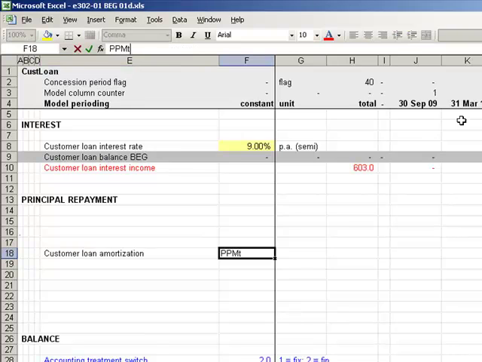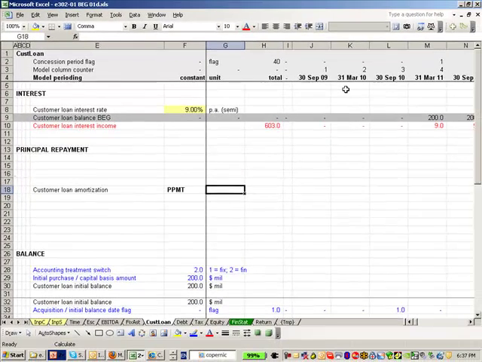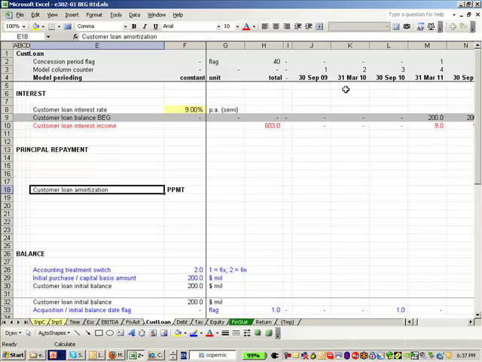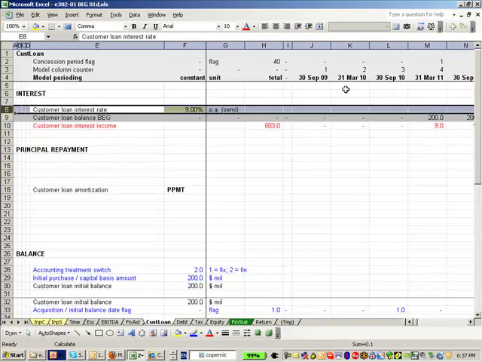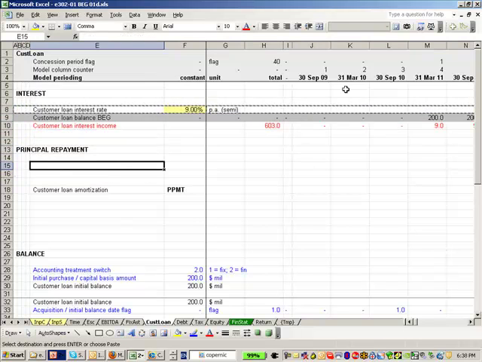And we are going to use the PPMT function. I just want those of you who are new to financial mechanics on this webcast to recognize that we are not normally big fans of these canned financial functions. But in this particular case, I think you can make an argument that it's as clear as the alternatives.